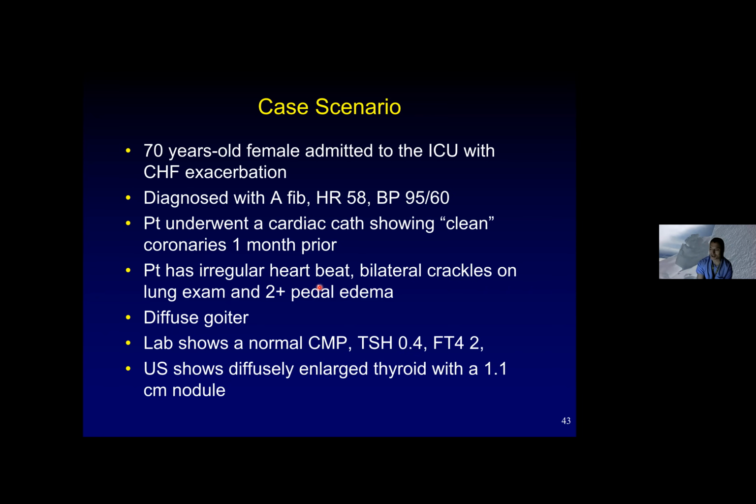The exam was consistent with atrial fibrillation and CHF exacerbation, but the patient had a goiter. So we see a patient with a goiter and a history of recent administration of iodinated contrast. That should raise our suspicion of measuring thyroid hormone for the risk of hyperthyroidism.